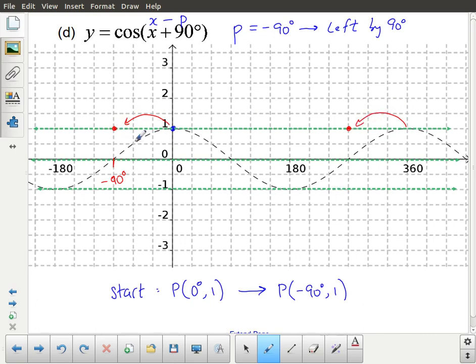So I have a point every 90 degrees in the pattern that I know that cosine follows. And I end up with a curve that looks something like that. If you take a look at my red graph representing one period, and a single period from the dashed graph, you can see the whole thing has shifted to the left by 90 degrees.